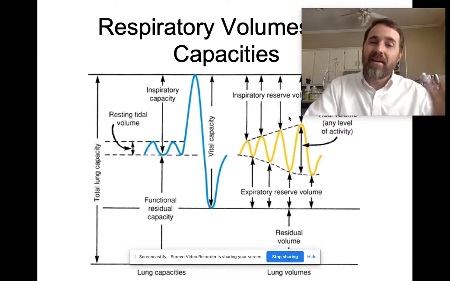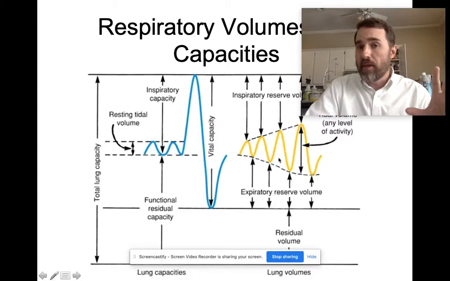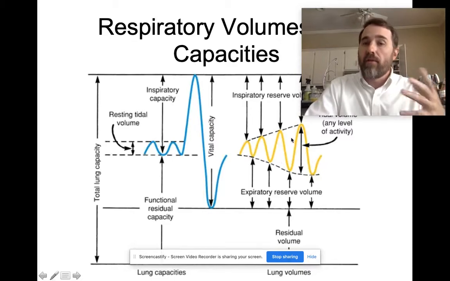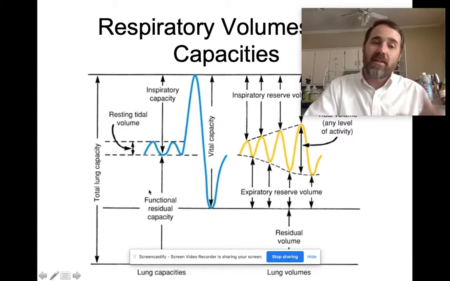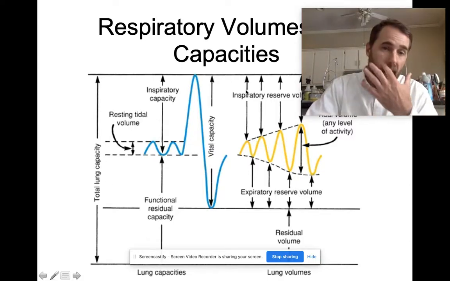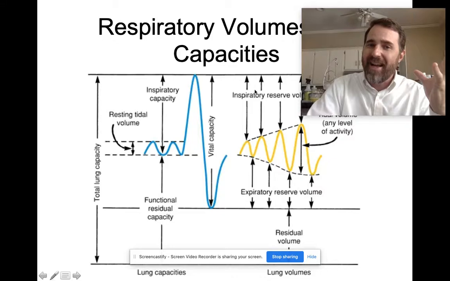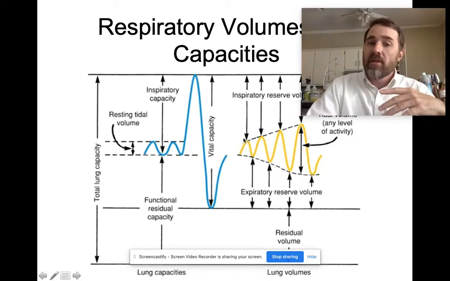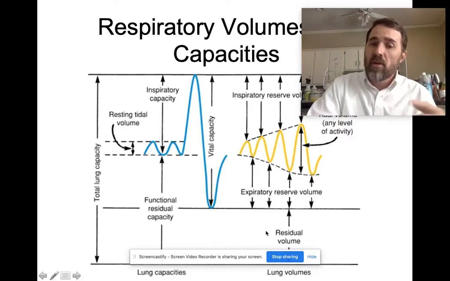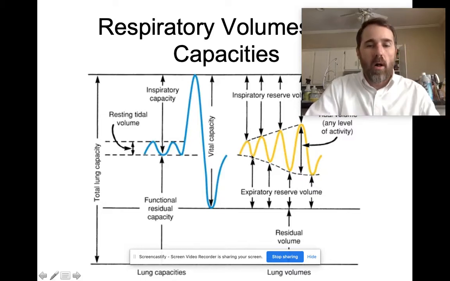Sometimes we combine these volumes to take different measurements. The first of these we refer to as a total lung capacity. So looking here, you'll notice that if I add up the volume that is my inspiratory reserve, if I add that to the volume that is my tidal volume, to the expiratory reserve, to the residual volume, that will account for all the volume of all of the air in the lungs.